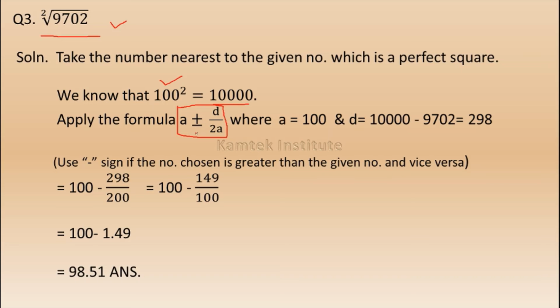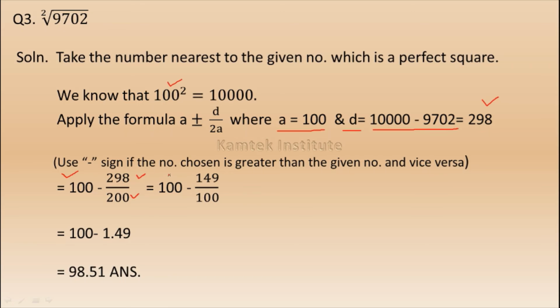Over here the sign that we'll be taking will be minus, for the reason that 10,000 is greater than 9702. And a, as you know, is the square root of 10,000, that is 100, and d is the difference between 10,000 and 9702, which comes out to be 298, and 2a we know is twice of 100. So what do we get? We get 100, a, minus d, 298, upon 2a, twice of 100, that is 200.